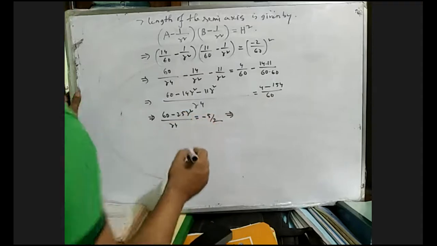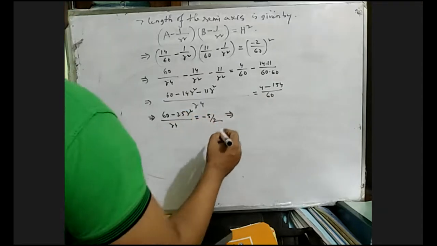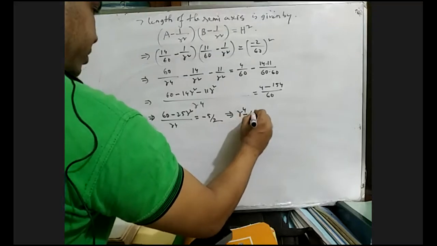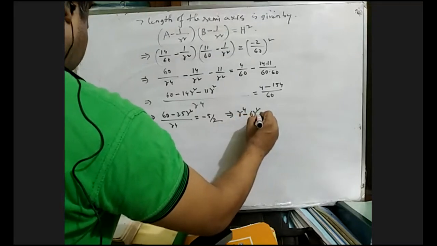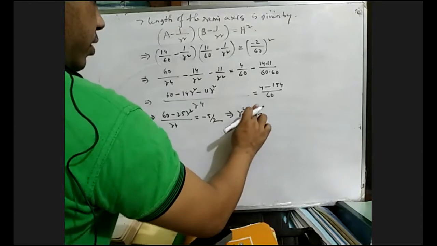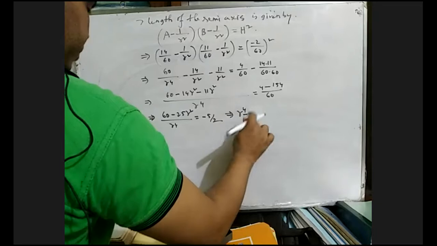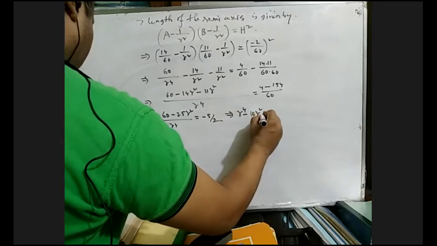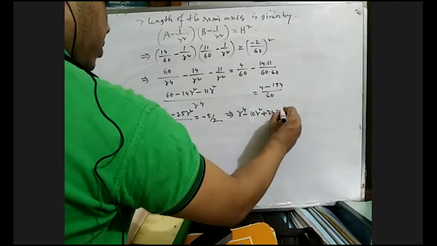So by cross multiplication we get r to the power 4 minus 10 r square plus 24 equals 0.